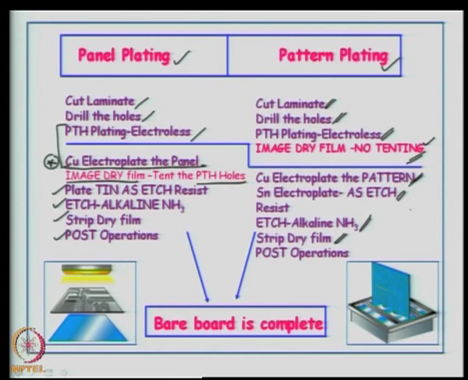In a subtractive process, where if you are very strong in your electroless copper process followed by build up technology like pattern plating, then you can go ahead with the pattern plating. But the key difference between the two is that what kind of copper thickness you can build in each of these. In the panel plating process, obviously finally you have to remove more copper.